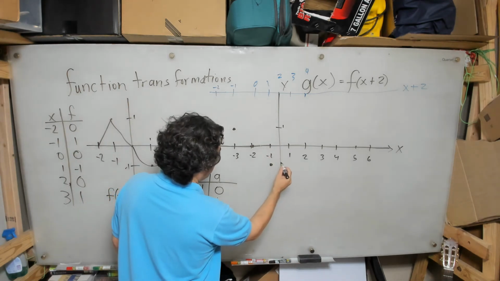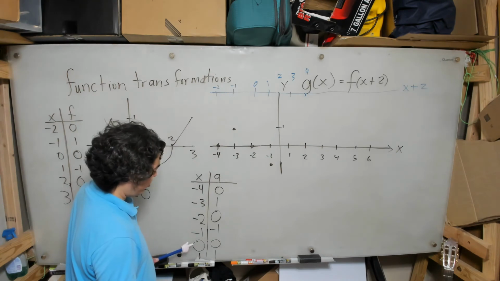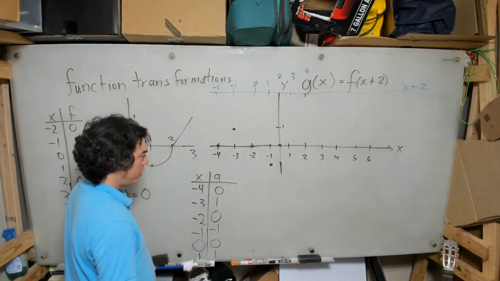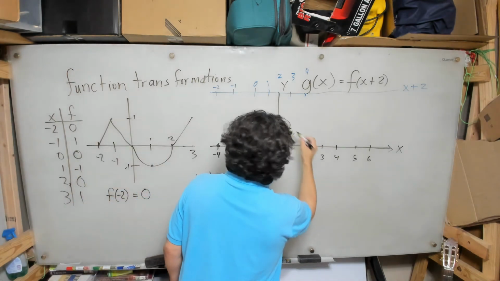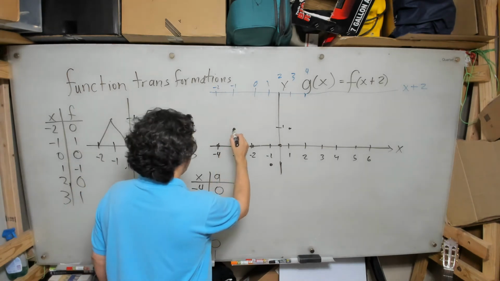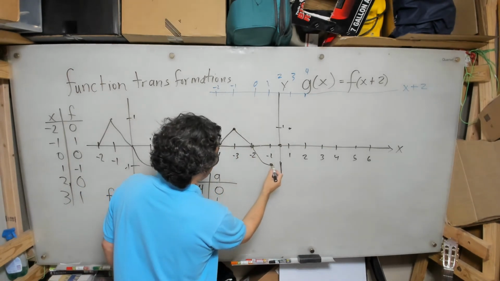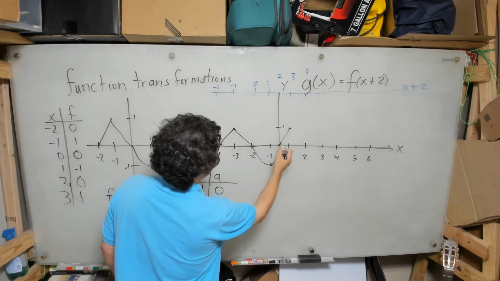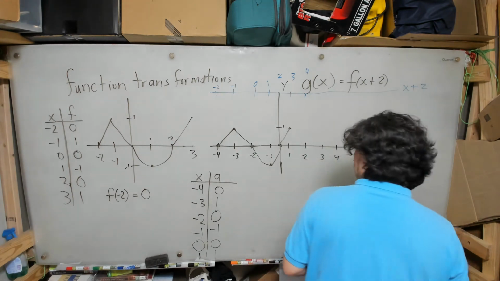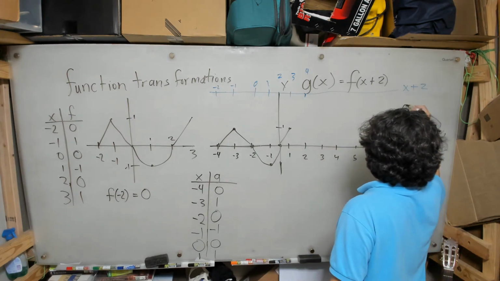And then at 0 it's 0, and then at 1 it's 1. Then I'm going to copy my shape over. So it's going to go like this, like this, like this, and then like that. So in other words, let me put this here as a legend for my graph. The g is in black.